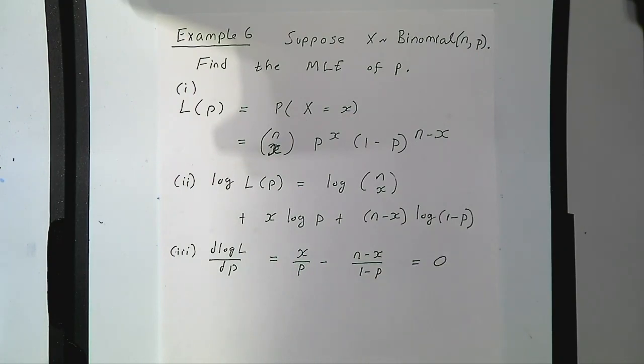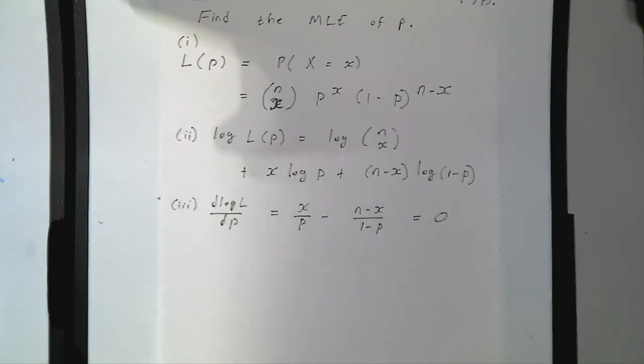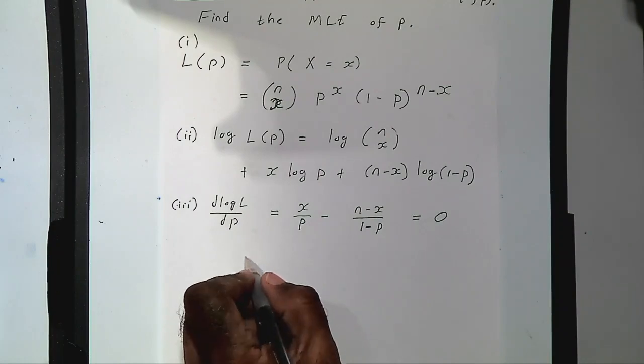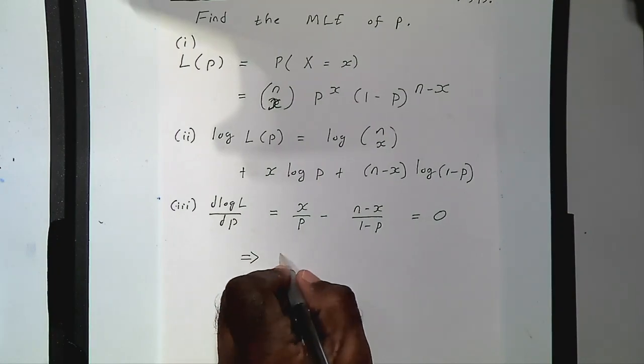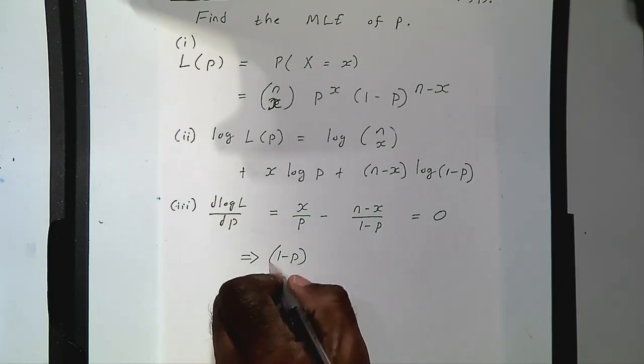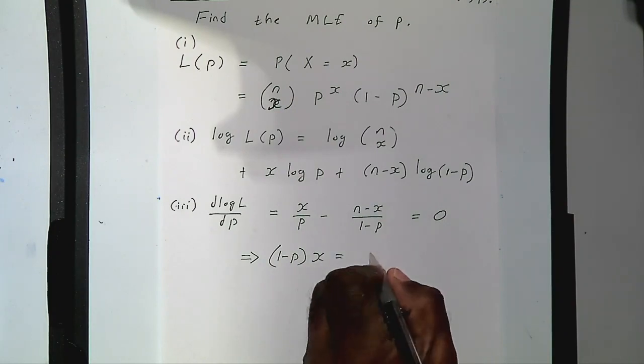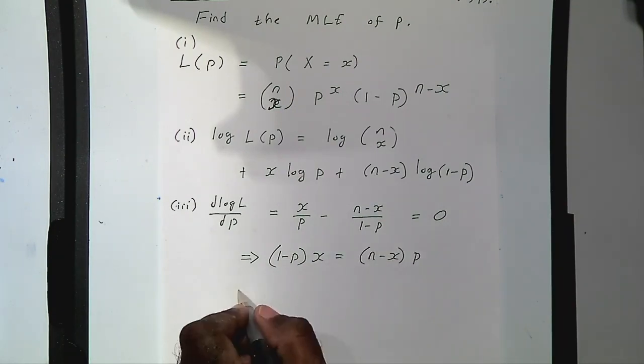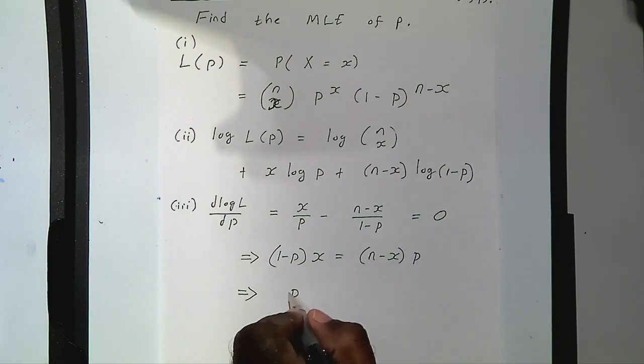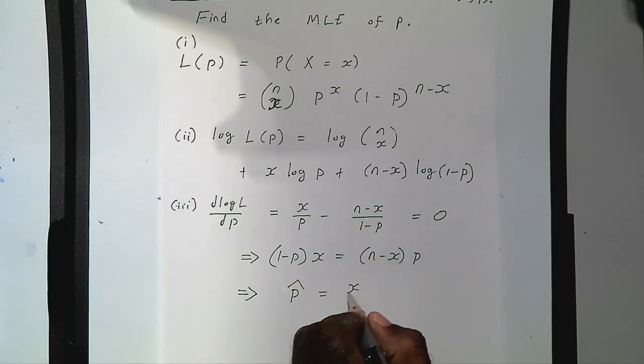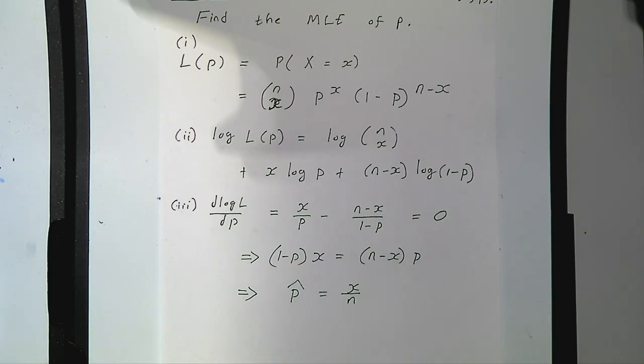Set this to 0 and solve for p. So p hat is x divided by n.